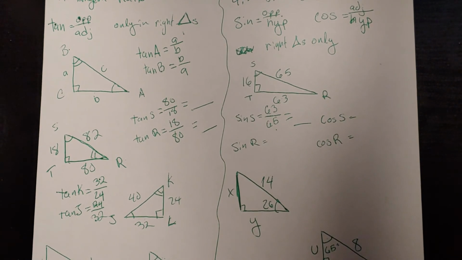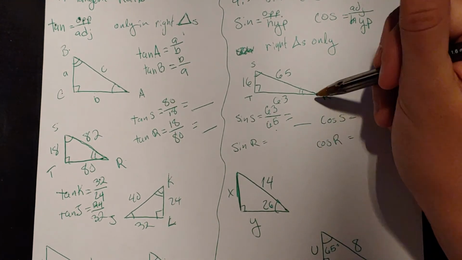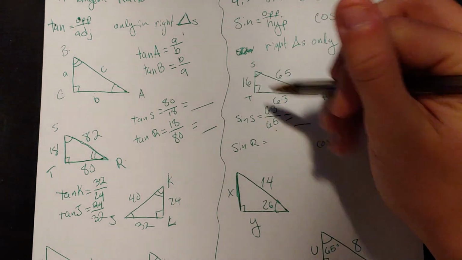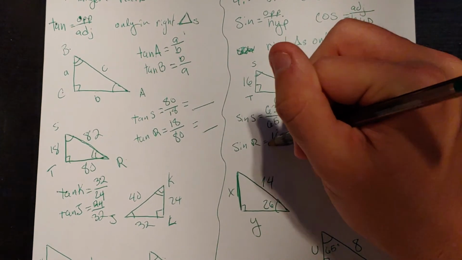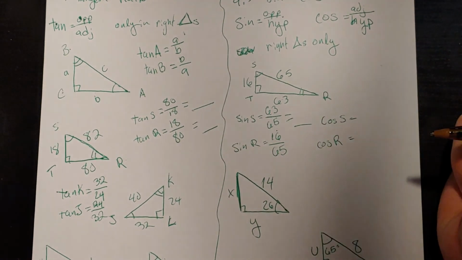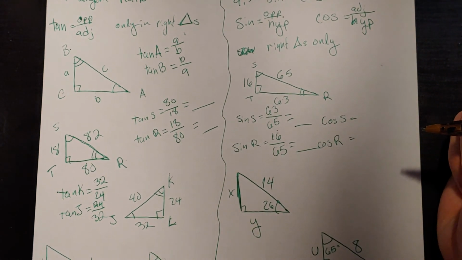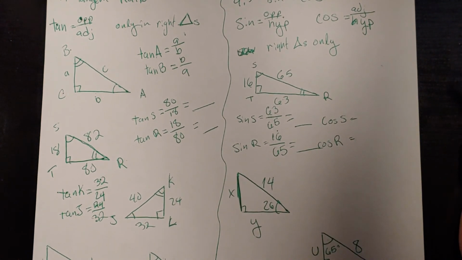Now if we do sine of R, the opposite of R is 16, and we divide it by 65. That's going to equal another decimal, less than 1. Sine and cosine are always going to be less than 1.